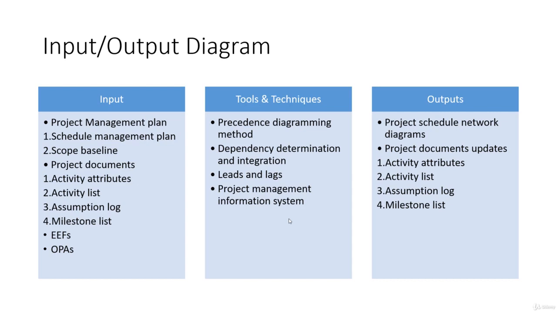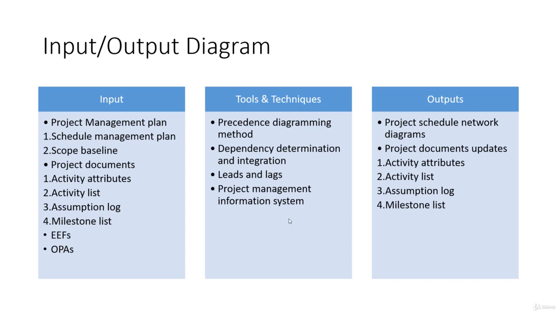So BAs will write their BRD, then there will be a gap of 15 days, and then developers will write their technical analysis document. So if the end date of BRD writing was first, without accounting for weekends, let's say if we keep the lag of 15 days, then it will be represented as BRD plus 15, and then the start date of technical analysis document will be 16th or 17th.